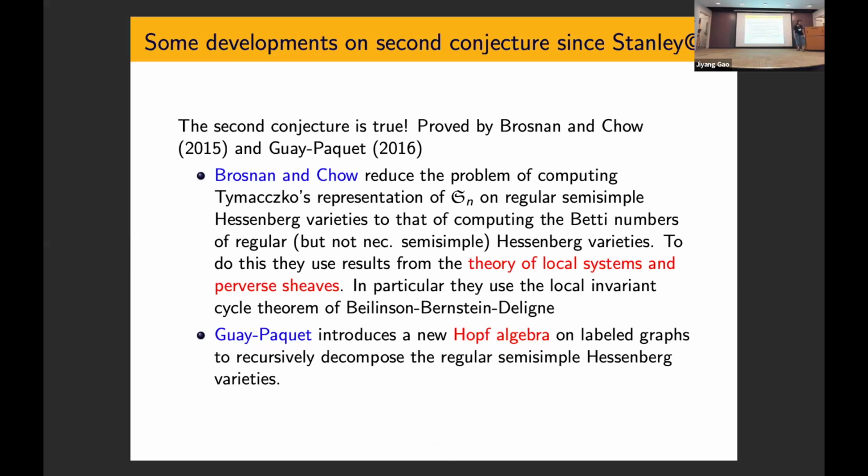That was exciting. And you can see from this, it was not easy. And then Dave Paquet came up with another proof of the conjecture.